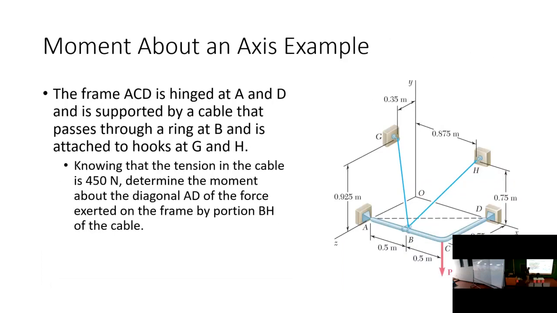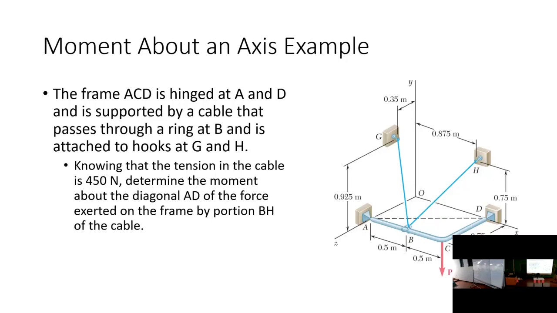So let's look at this example. This is kind of an idea of what I'm talking about when I say trying to determine the amount of twisting. So I have here this frame, okay? This frame is hinged at this point and this point, and it's being supported by a couple of cables, okay?